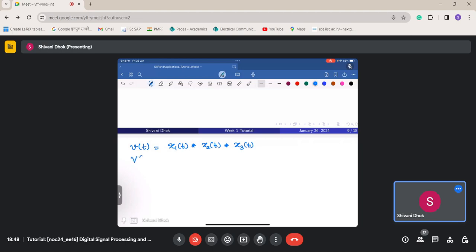So this V of j omega will be simply the Fourier transform of x1(t) convolved with x2(t) convolved with x3(t).